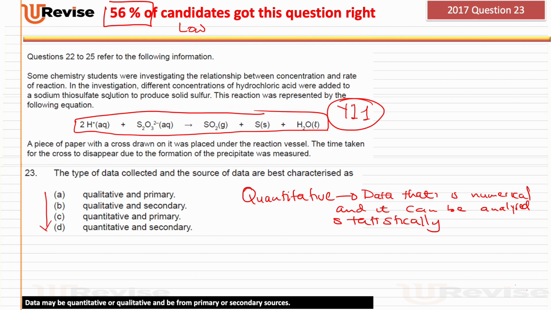For example, the postcode 6000, the postcode of Perth. All postcodes cannot be analyzed, unless we count the number of postcodes, but the absolute postcode number cannot be considered quantitative. It's categorical data, which is not quantitative. So for quantitative, it must be numerical, and also you must be able to analyze that data statistically.